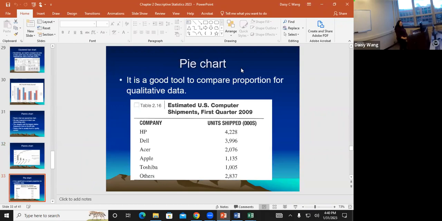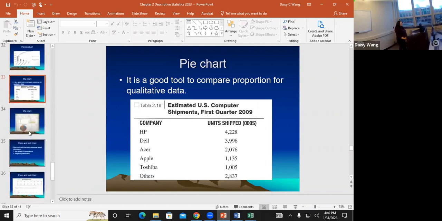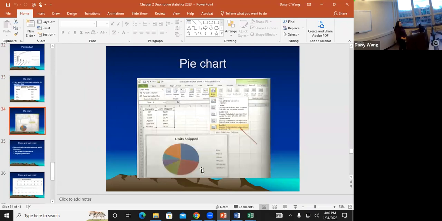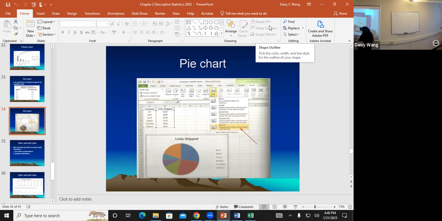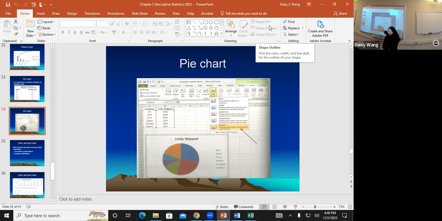You have the pie chart. You just calculate a percentage out of 100%, and then convert it to a pie chart. If you talk to a professional statistician, they hate pie charts, because if you look at this, it doesn't really tell you much.